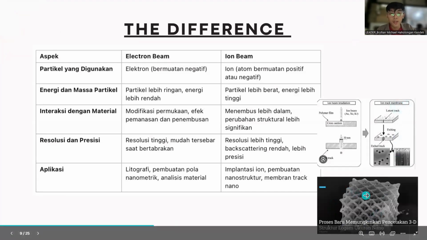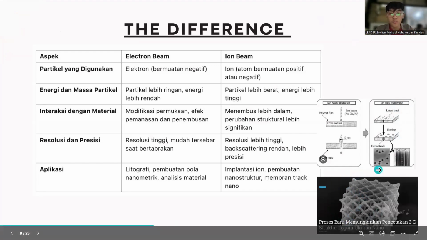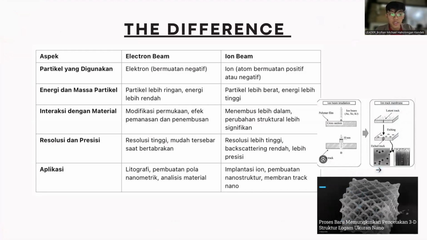Okay, after learning about the electron beam and ion beam, we can conclude that the difference between electron beam and ion beam is seen in many aspects. The first one is particle use.